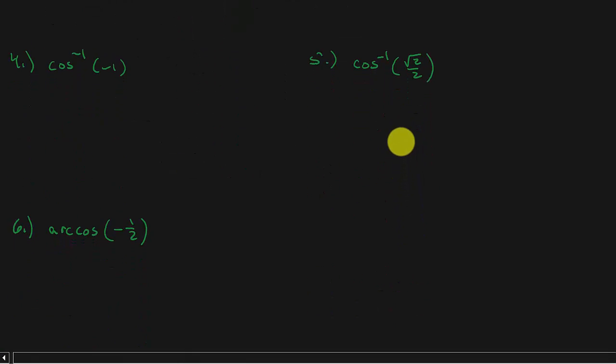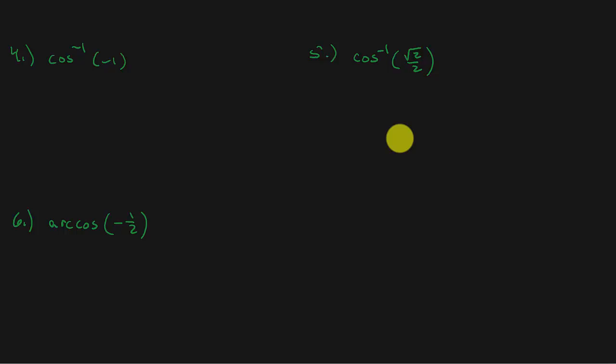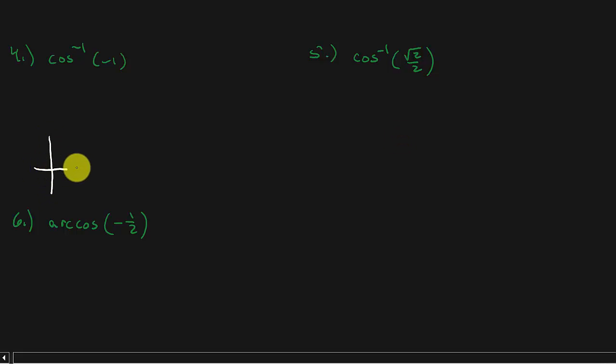All right, let's look at another one. What about inverse cosine of -1? This is another one where we could draw this out. There's cosine. There's pi, there's 3 pi over 2, there's 2 pi, pi over 2, and 0.